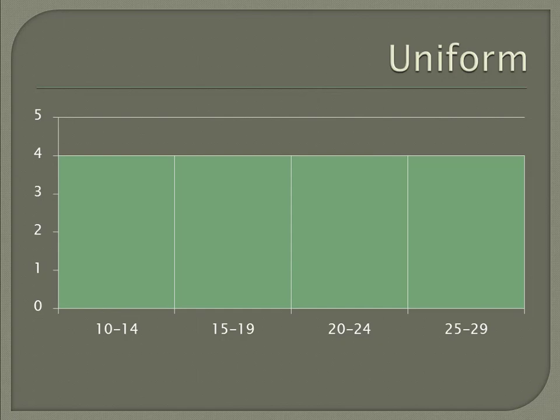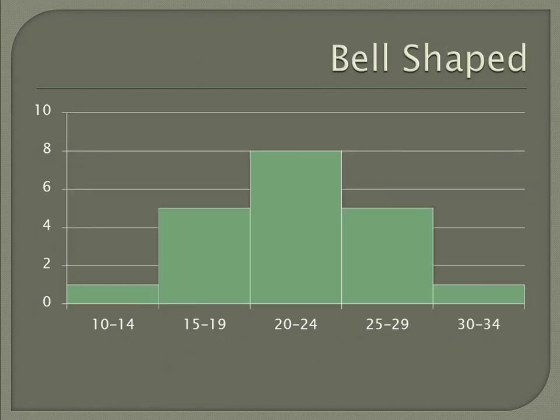Bell-shaped data is data where most of your data is in the center, and the data tapers off if you go to the left and the right of the mean. Because again, you can estimate where the mean would be, and since this is symmetric, the mean would be right in the center.